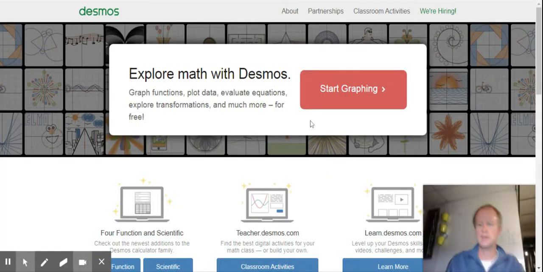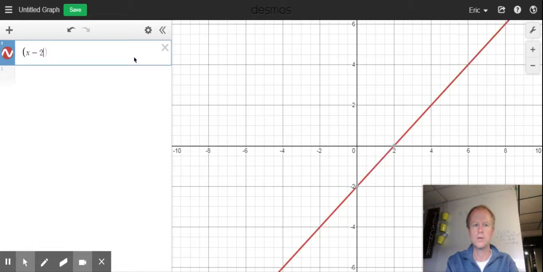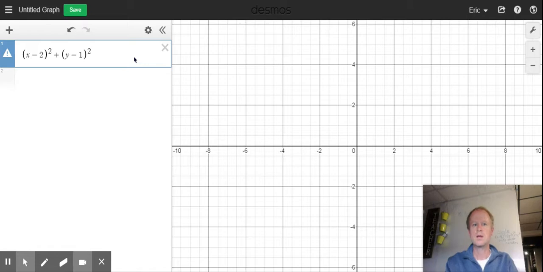And so if I wanted to graph (x minus 2) squared plus (y minus 1) squared equals 16.